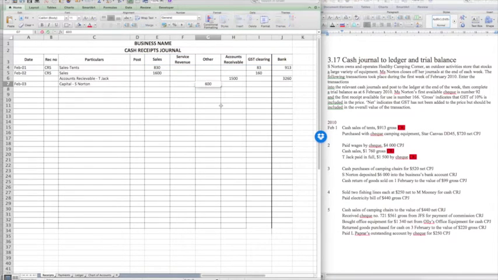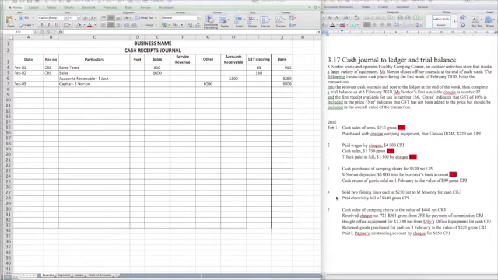It's for $6,000. We don't need to pay any GST on capital transactions, so we won't worry about the GST column. And we didn't have any other transactions for February the 3rd for the cash receipts journal, so we can pop it straight into our bank account as well.